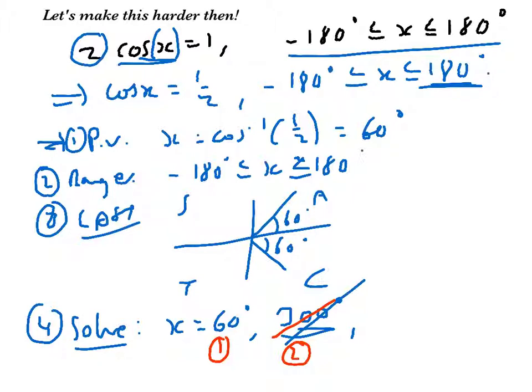Too big, disregard. 300 minus 360, however, is minus 60 degrees, which is in our range, so we will accept. If I minus 360 again, I get minus 420, too small, don't want it. So the final result is x equals plus or minus 60 degrees.